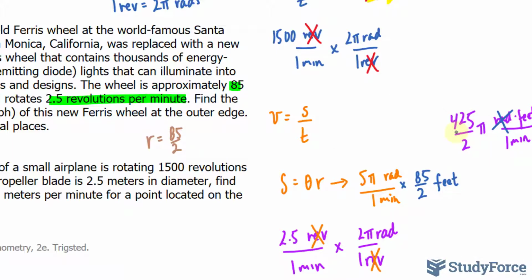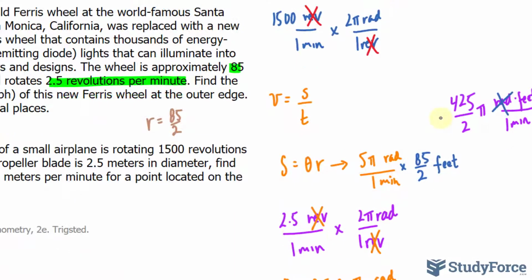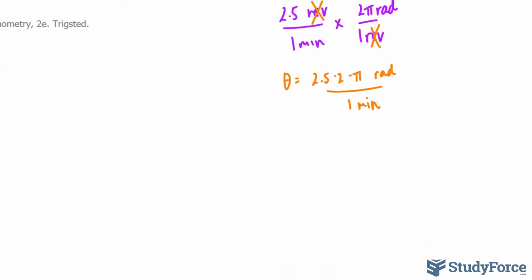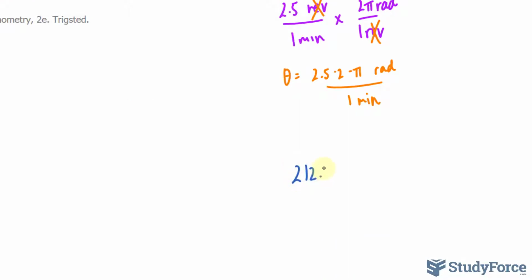The only problem with this answer is that we need it in miles per hour. So we need to change 1 minute into hours and feet into miles. Let's go ahead and do that underneath, and I'll rewrite 425 divided by 2 as 212.5. So I have 212.5 pi feet per 1 minute.